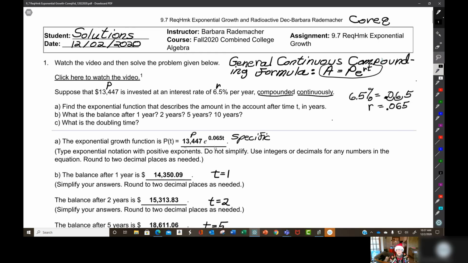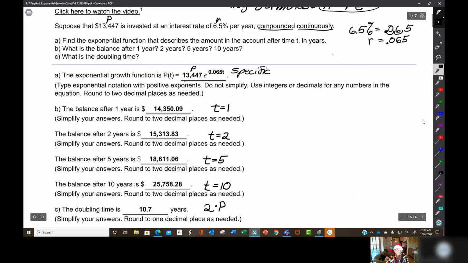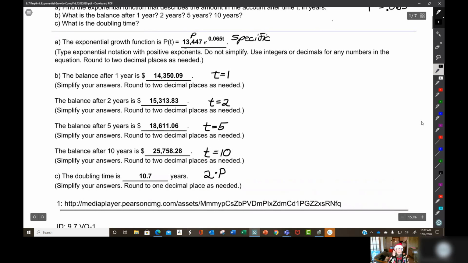Okay, now we're going to use this formula to calculate how much money you'll have after 1 year, how much you'll have after 2 years, and 5 years and 10 years. So this is what you do. We're going to put this in the calculator.